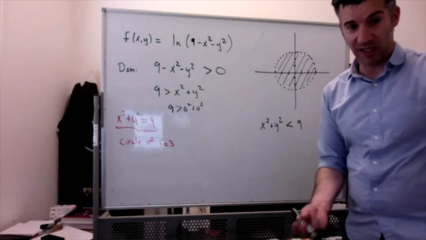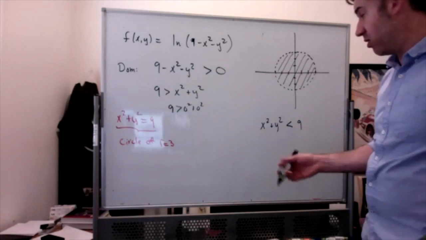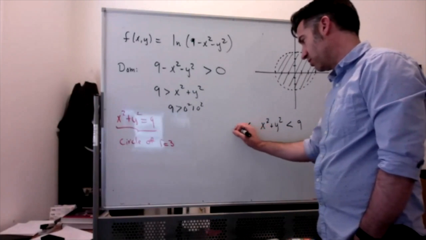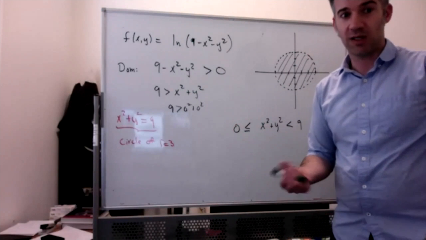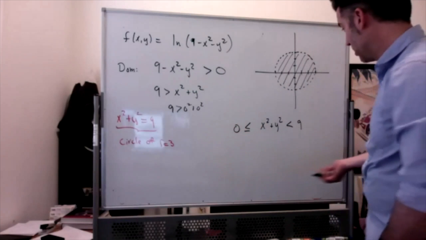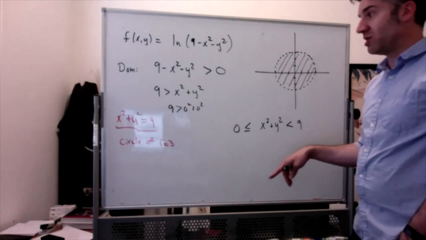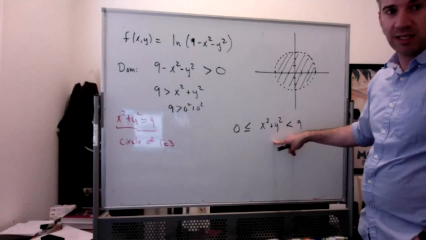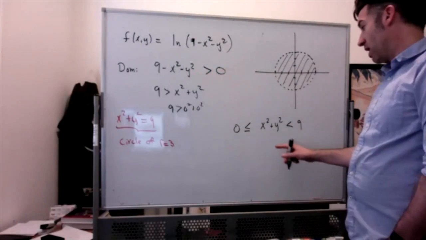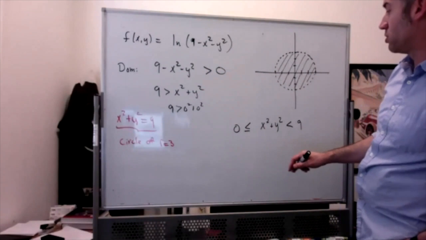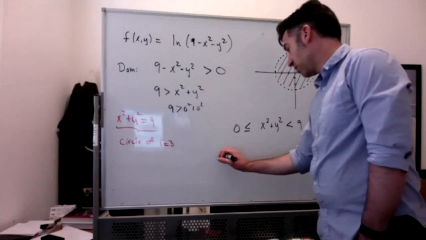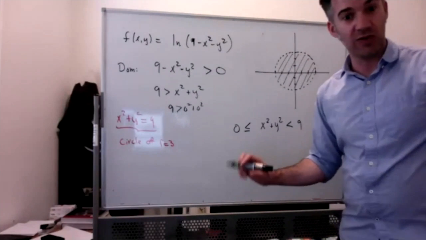But we also know something, and he said this in class, and this is very worthwhile. It's always true that x squared plus y squared is greater than or equal to 0, because they're both non-negative things. If we add them together, they're still going to be non-negative. But now what I want to do is manipulate this to make it look like that. So I'm going to multiply everything by -1. When you multiply inequalities by a negative, you change the direction.